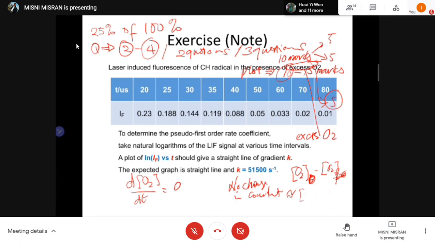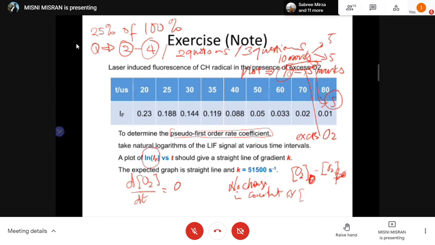So in this case, it's very straightforward, because the question is asking you for the pseudo first order rate coefficient. When it is first order, that's why you are plotting.